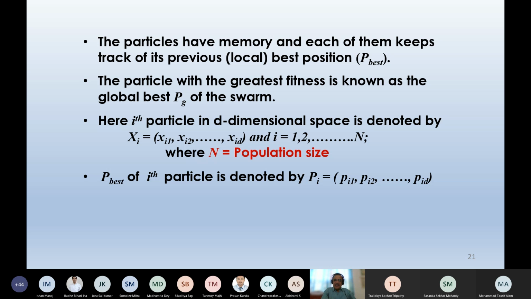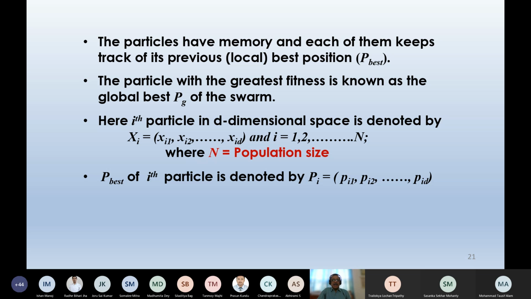I'll be taking a very simple, very practical example of the concept of pbest, and there is another thing that is called the gbest. The particle with the greatest fitness is known as the global best, gbest, of the swarm.